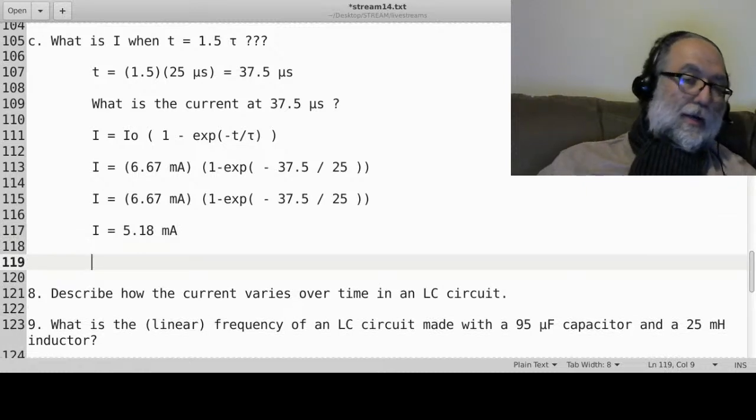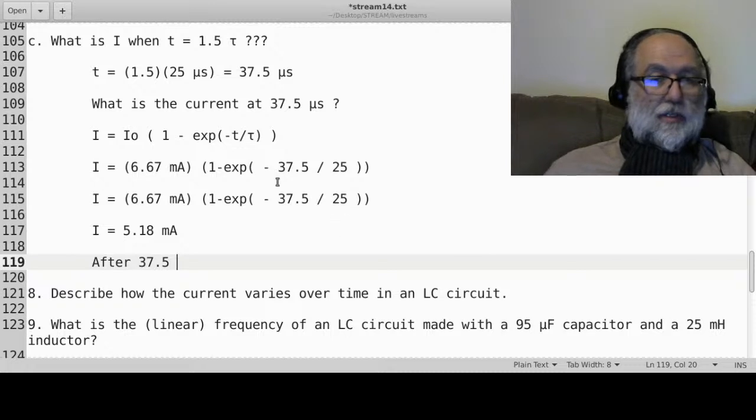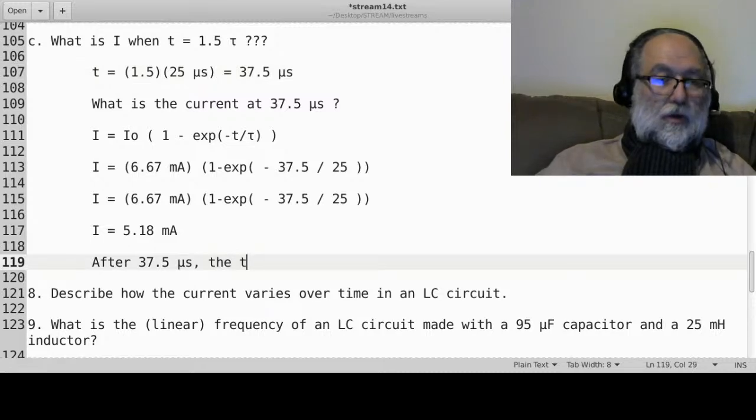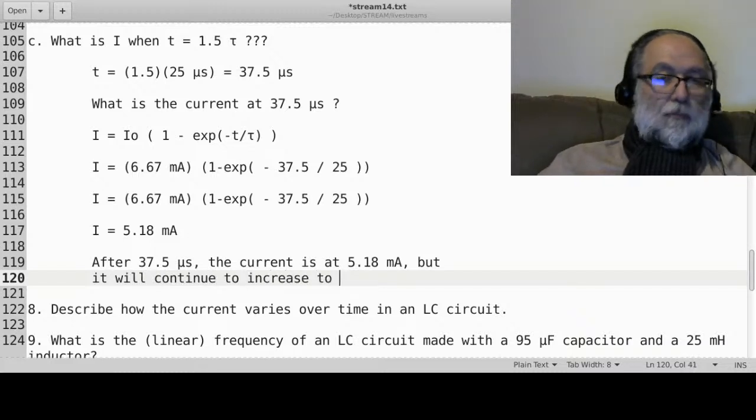After 37.5 microseconds, the current is at 5.18 milliamps, but it will continue to increase to what?